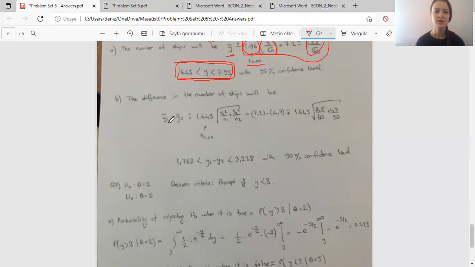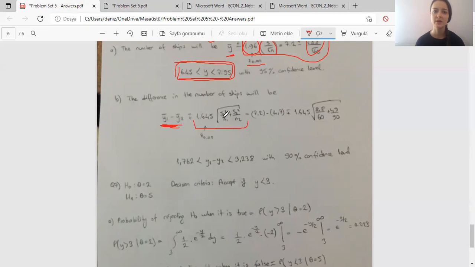Now here, first, we are writing the difference in sample means. They are given in the question. And then we need to have a variance here because the true parameter can differ from the sample data.